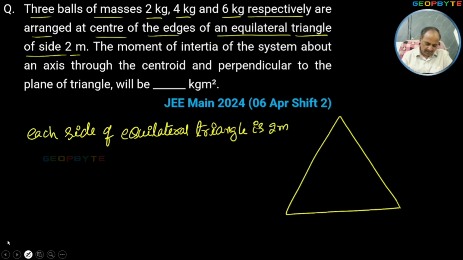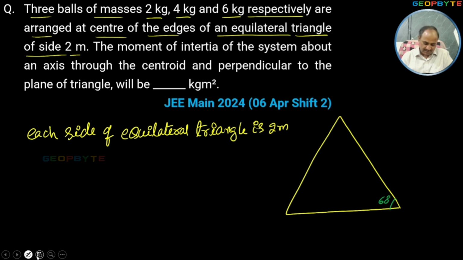Then look at the angle. This is 60 degrees. All angles are 60 degrees only: 60, 60, 60.